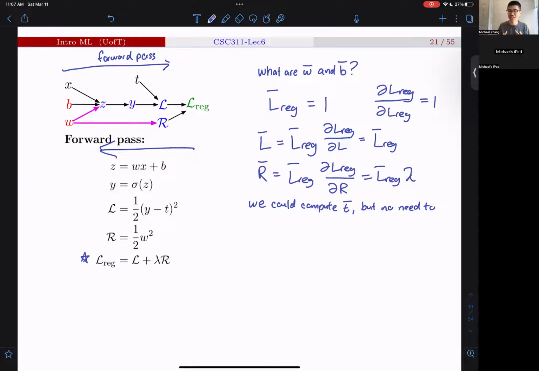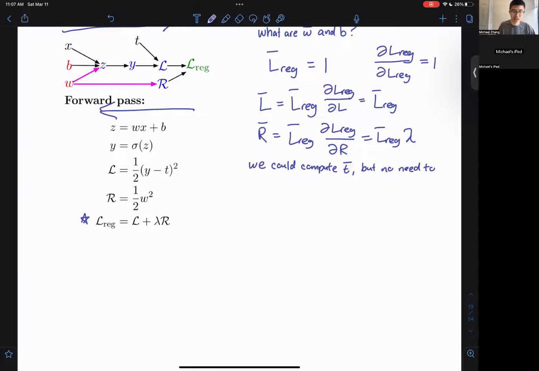Like we don't get to change the labels of our data, so we don't compute derivatives with respect to them. There are some cases where you might actually want to compute X bar if you're working with something like adversarial examples, but we don't do that here.